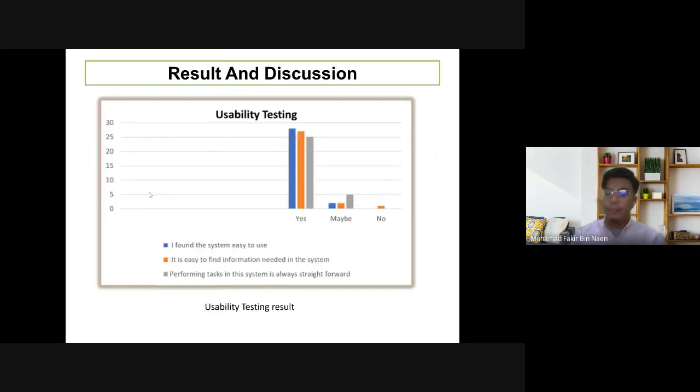Next is usability testing. 80.6% responded yes, 20.3% maybe, and then 1.10% said no for the usability testing.